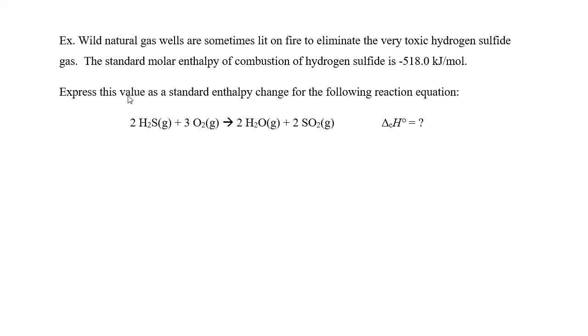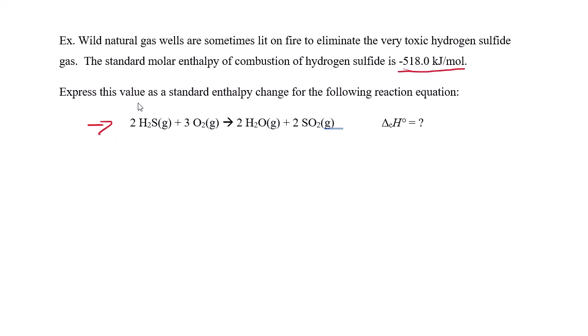So if you burn the hydrogen sulfide, you turn it into sulfur dioxide, which is not toxic. And when you do so, it combusts according to the reaction that's specified here. And we're telling you that the standard molar enthalpy of combustion of hydrogen sulfide is negative 518 kilojoules per mole.